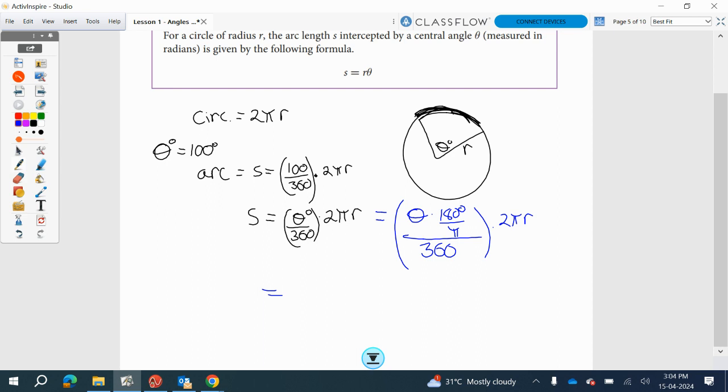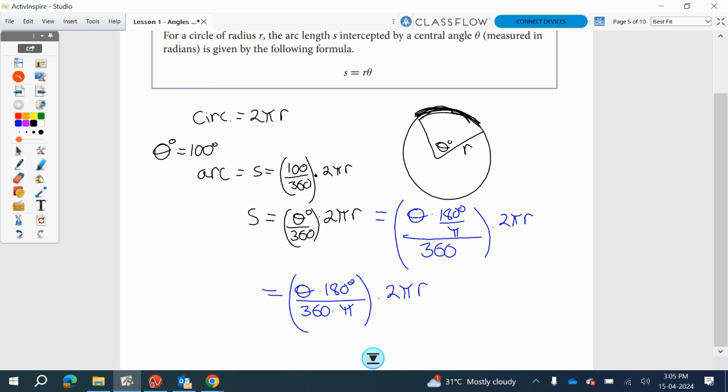Let me simplify that for you. We've got theta in radians times 180 over 360 times pi, that's our fraction, times 2 pi r.